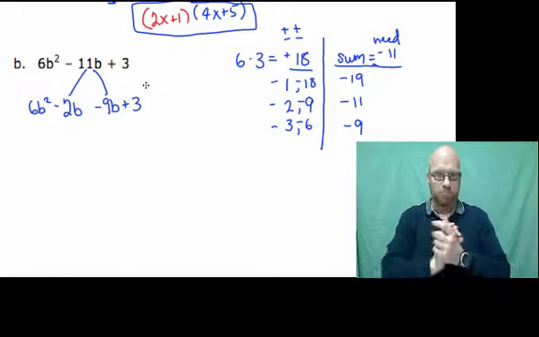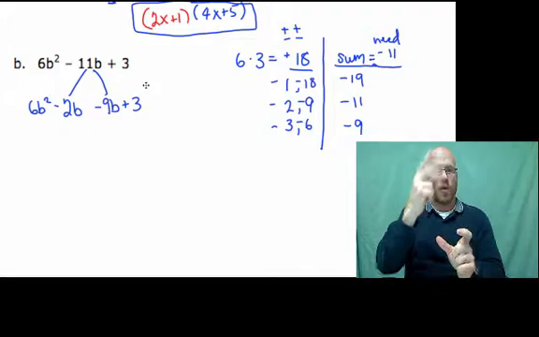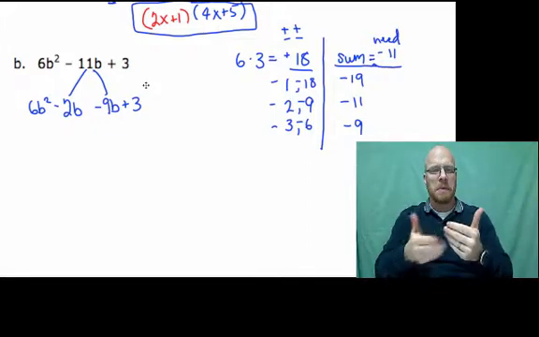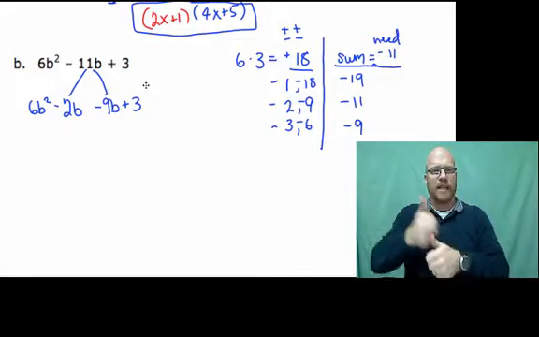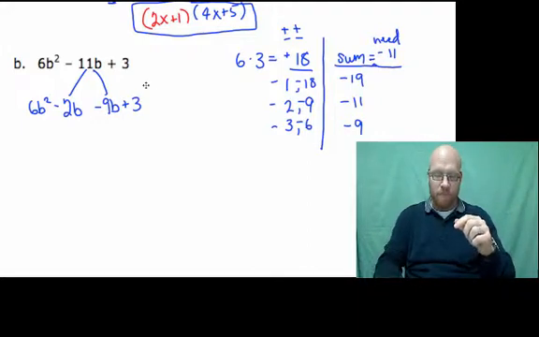Okay. On the first two terms, 6b squared minus 2b, it's easier. We can divide each by 2b. And it should leave this in the middle, on the inside.